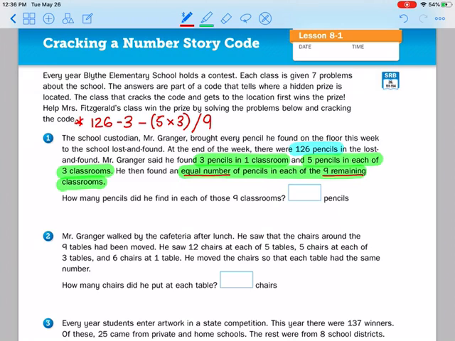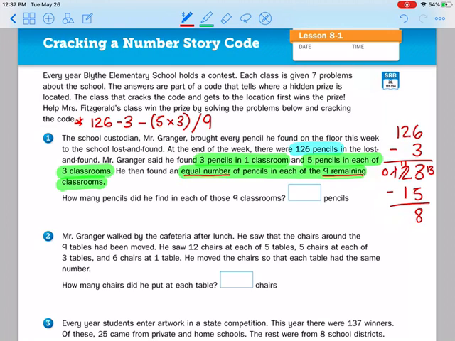So let's do this math. If I did 126 minus 3, I would get 123. Now I know that 5 times 3 is 15, so now I'm going to subtract 15. I'm going to make this a 13, and I borrowed from here, so I'm going to make this now 11, and this is 0. So 13 minus 5 is 8.